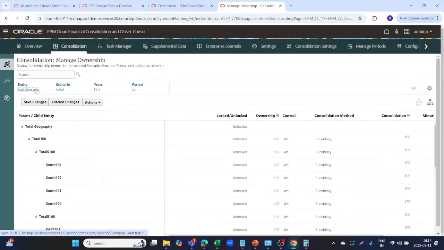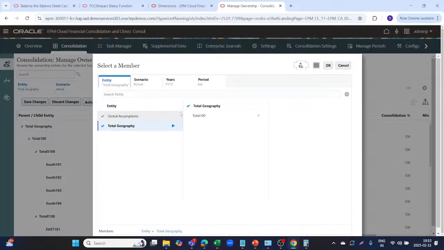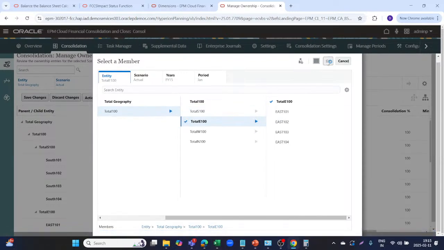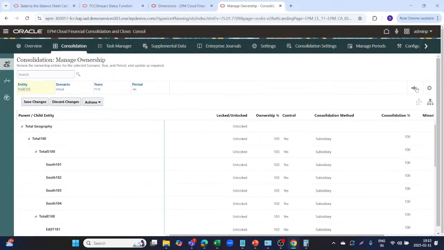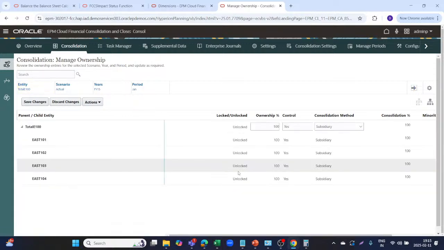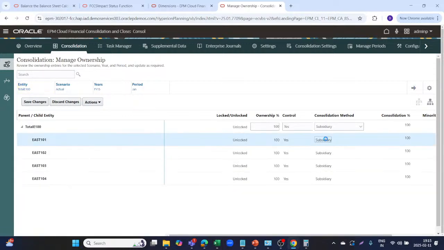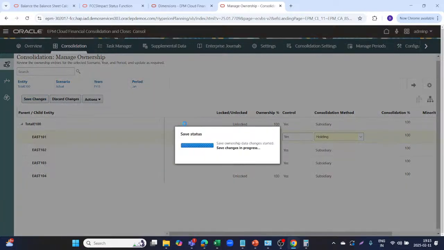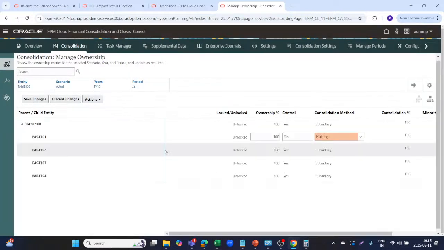So I'll pick that entity for which I'm trying to enter the data, that is this E100. So I'm assuming this E101 is my holding company and E102 is my subsidiary. I'll recompute the ownership data.